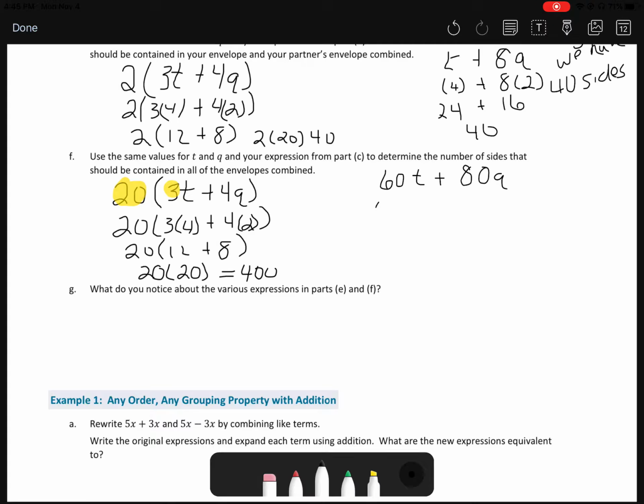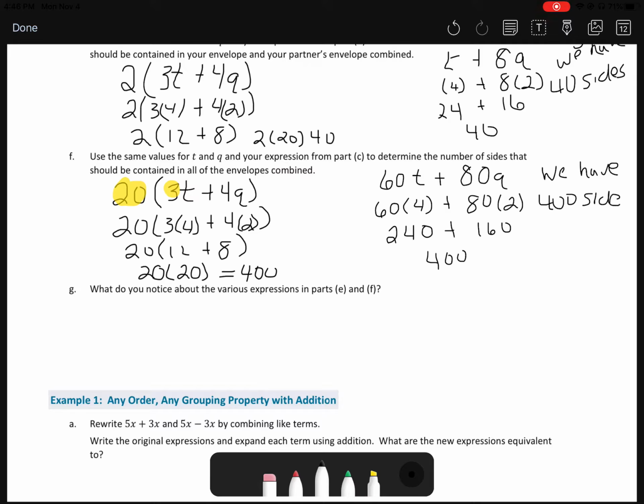And then I'm going to plug in my 4 for triangle and my 2 for my quadrilateral. 60 times 4 is 240. 80 times 2 is 160. And add that together, that is 400 sides. We have 400 sides in the classroom.